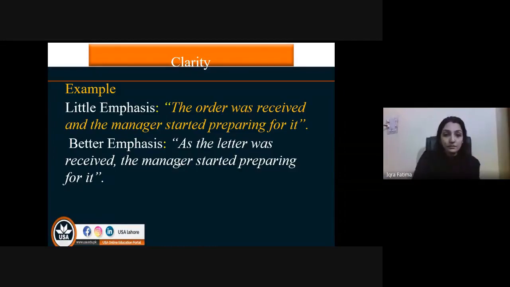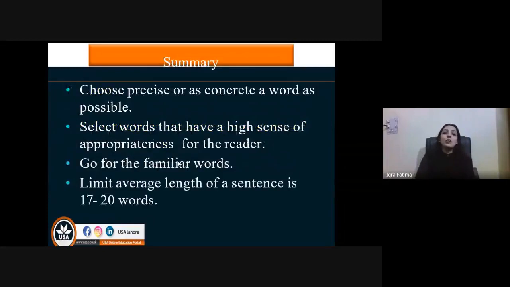Okay? So this is the whole summary of the clarity in your message, that how you can make your message clear. Two things to make your message clear. First thing, to add precise words or concrete words or familiar words. Second thing is that you have to be very effective in writing your sentences and paragraphs.